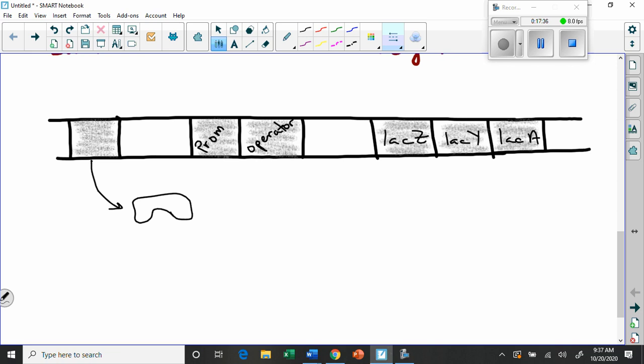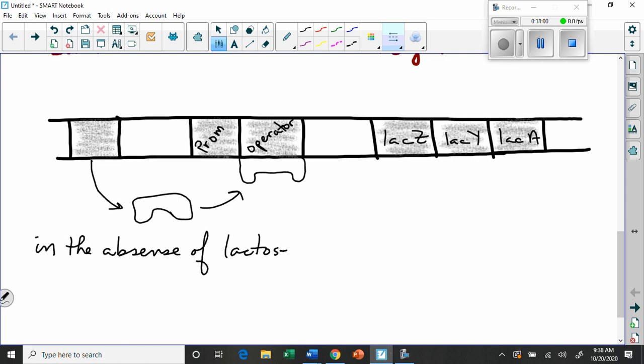Now, if there's no lactose around, this shape, this suppressor, will move over here and it will bind on the operator site. Okay? So, in the absence of lactose, or another way to say that, maybe a better way, when lactose concentration is low. So it's not necessarily the absence of it, it just means that it's fairly low.